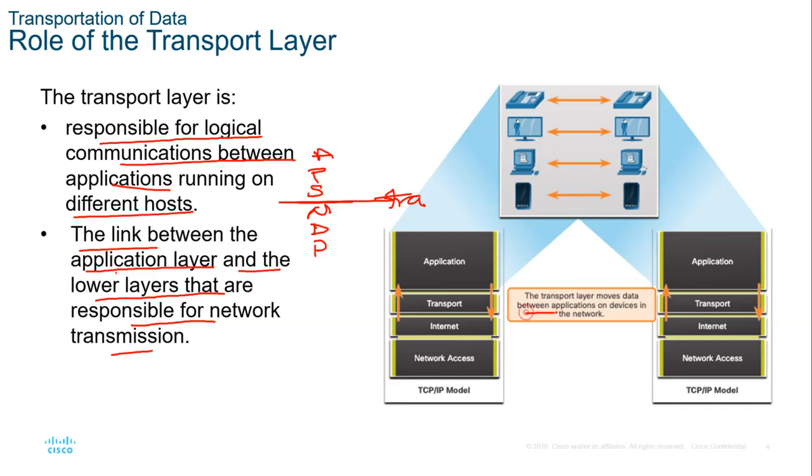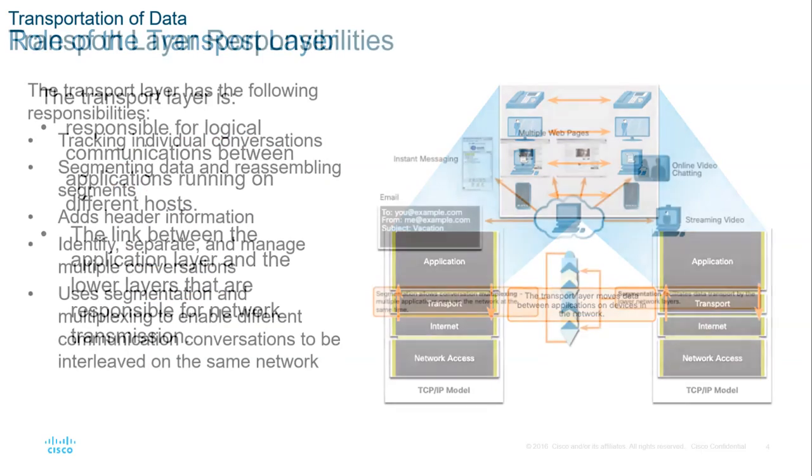It moves data between the applications on devices in the network. So the transport layer is the bridge, bridging the data between applications, of course, on different networks.